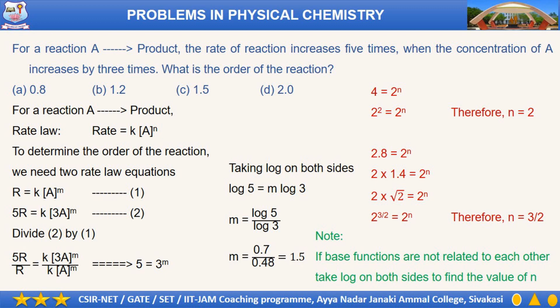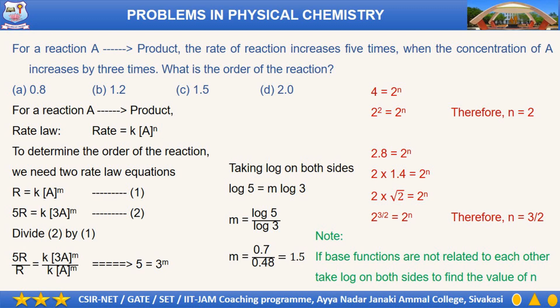Then you will get 5R by R equals K into 3A power M by K into A power M. R and R cancel, K and K cancel, A and A cancel. Therefore 5 is equal to 3 power M.